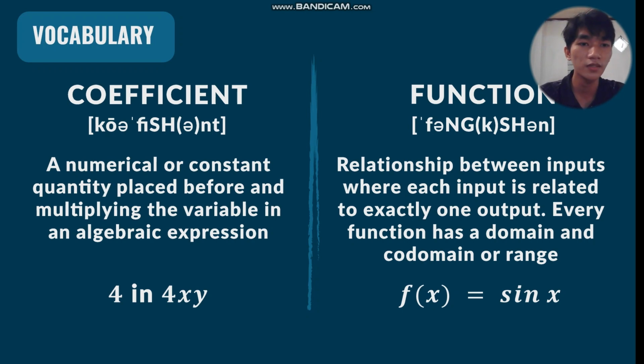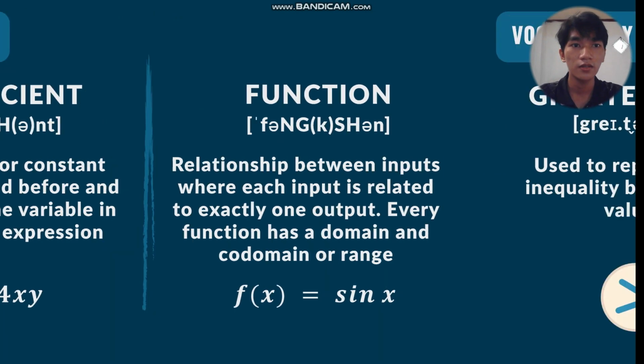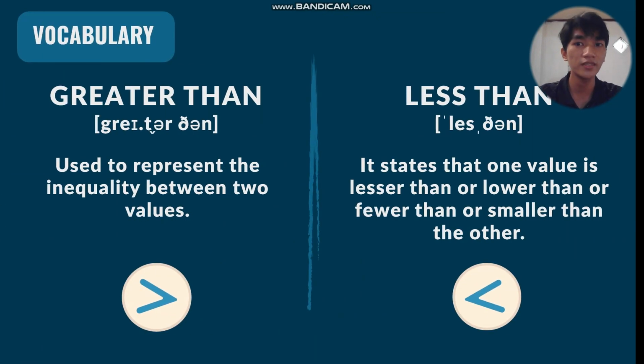This, for example, is a trigonometry function. If x is sin x. The next word is greater than. Greater than is used to represent the inequality between two values. This is the symbol of greater than.